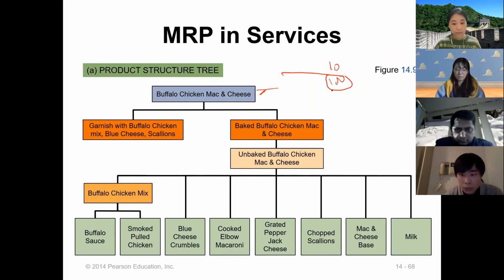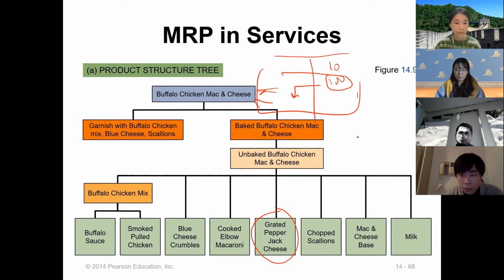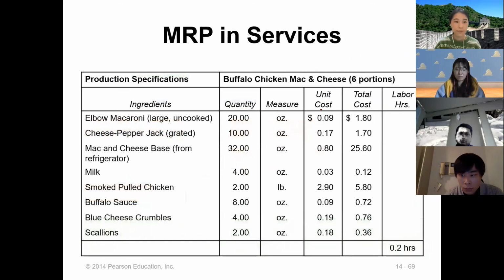You can plan. Okay, this is a gross requirement. You can plan, and then, for example, the lead time of certain material is, I don't know, 3 weeks and so on. So you can still plan using MRP as well, for this kind of product structure. Okay, so this is the bill of materials, and you need the lead time to order.